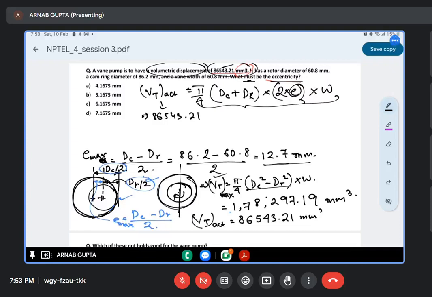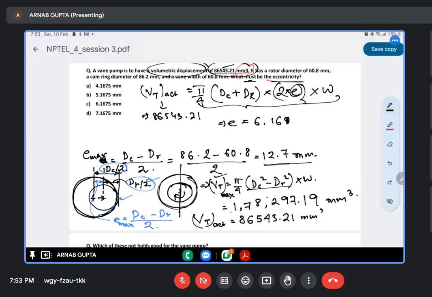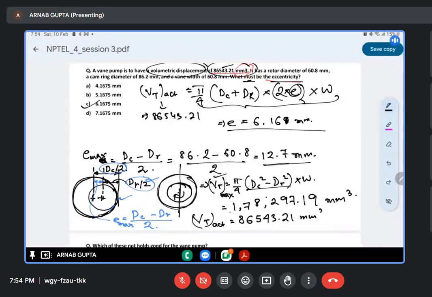So by substituting all these values, we will be getting the value of E as 6.16 mm. So this is close to option C.